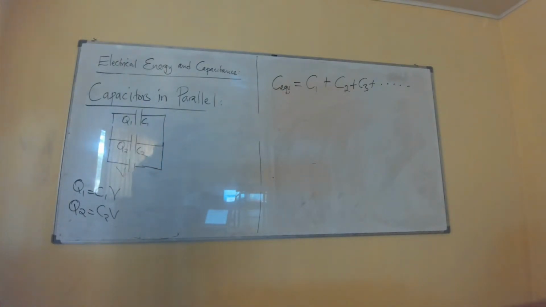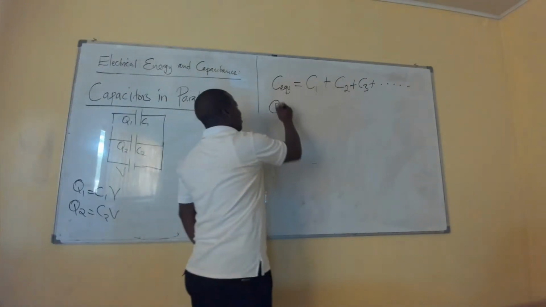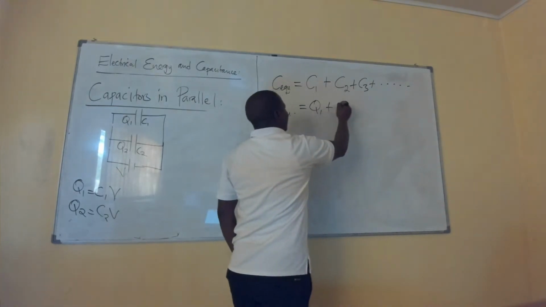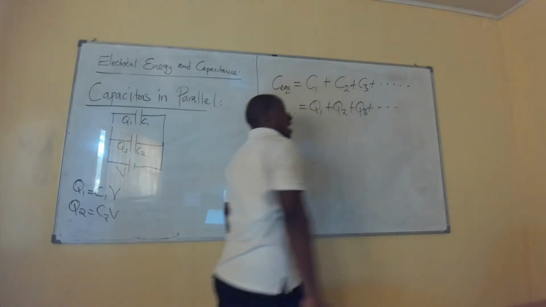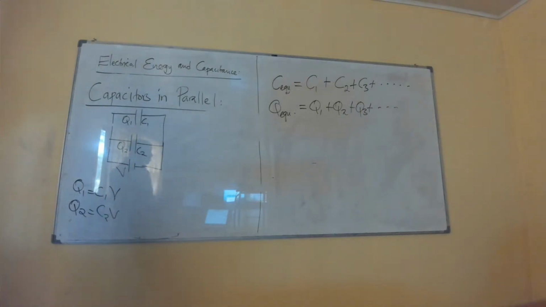Now, we know that this Q equivalent also is the same as Q1 plus Q2 plus Q3 plus, you add them in that manner as the number of capacitors.